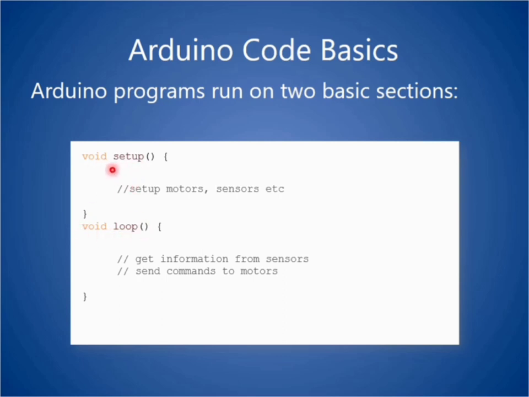The void setup function starts with an open curly bracket and closes with a closed curly bracket. Similarly, void loop is also opened with an open curly bracket and closed with a closed curly bracket. These are the two basic sections of any Arduino program. So let us see how this works.